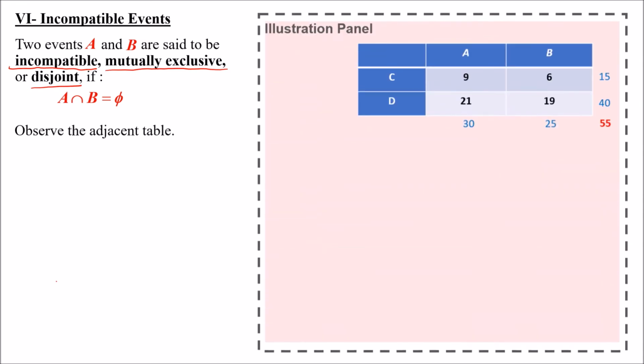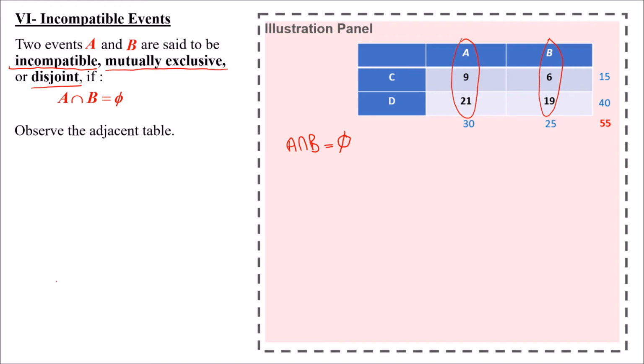Let's observe the following table. Here, if we look at the two events A and B, the intersection of A and B, we have no intersection between A and B. So we say that the event A intersection B is equal to phi.